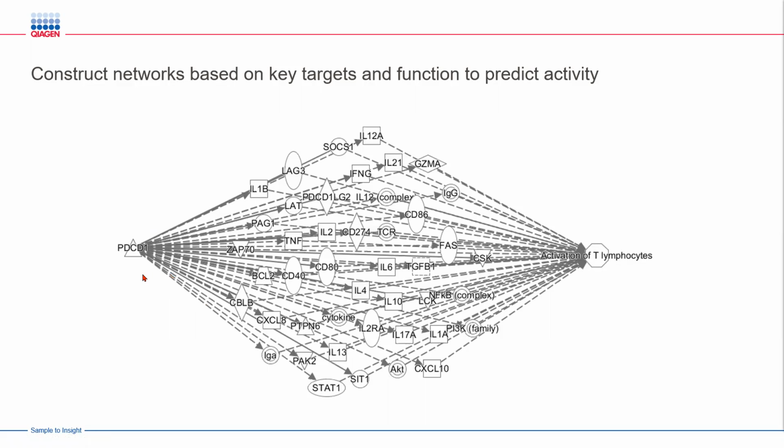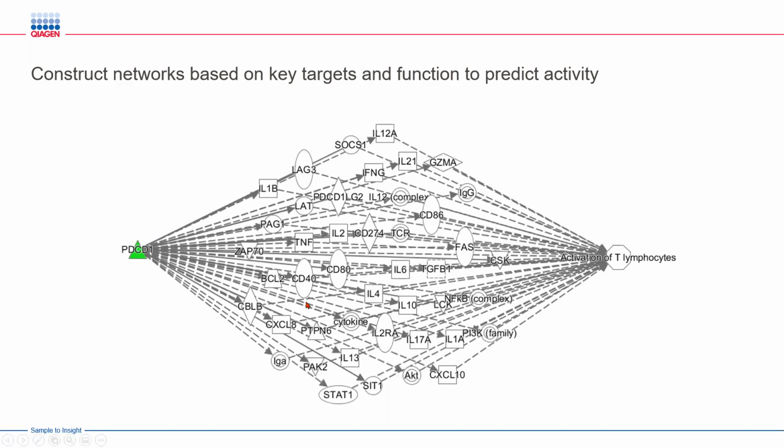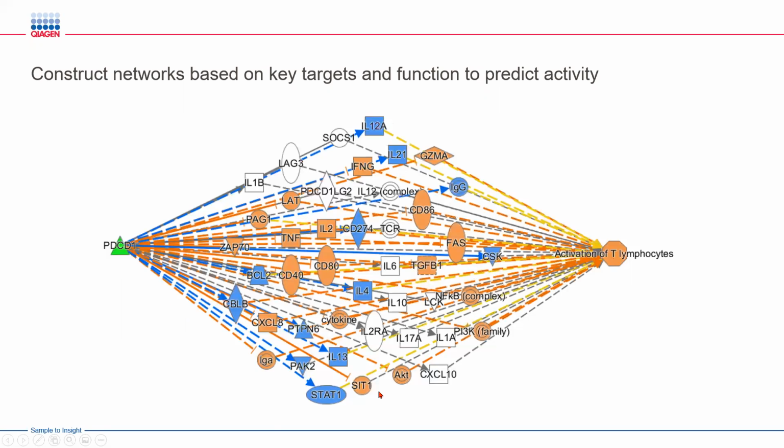So let's say you're interested in using a drug or using CRISPR to downregulate this gene, and you want to see the effect on this pathway and this downstream biological function. You can easily label this with green color and say that I want to downregulate this gene. And you can generate this prediction in silico as well.